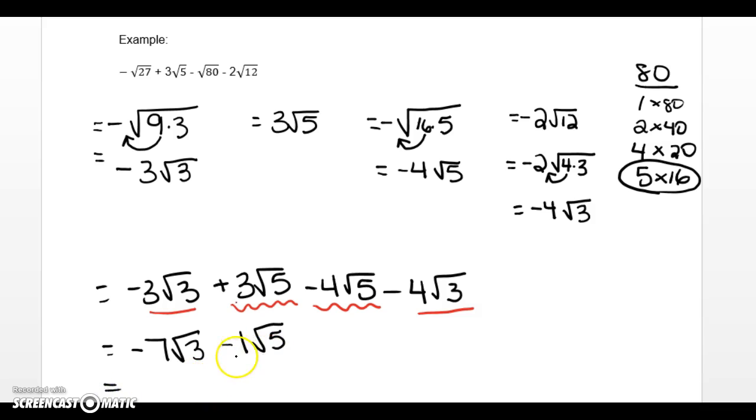Just to clean this up a little bit, we don't need this 1 in front of our radical, so we can rewrite this as negative 7 square root of 3 minus the square root of 5. Negative 7 root 3 and negative root 5, those are not like terms, so at this point you're all done your question. You have fully simplified this question as much as you can.